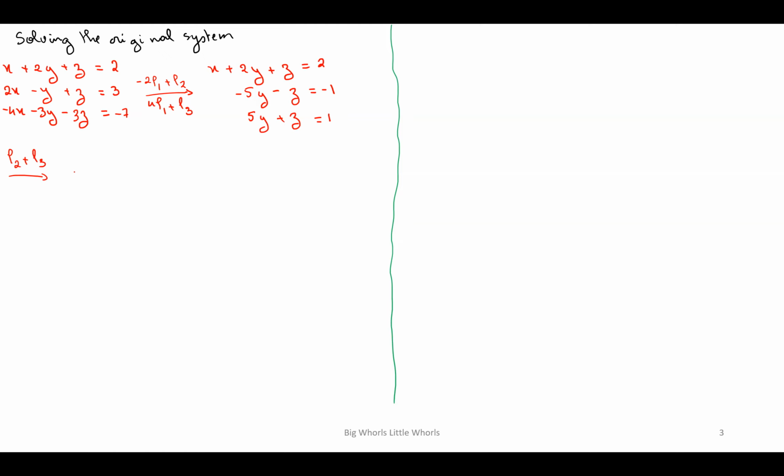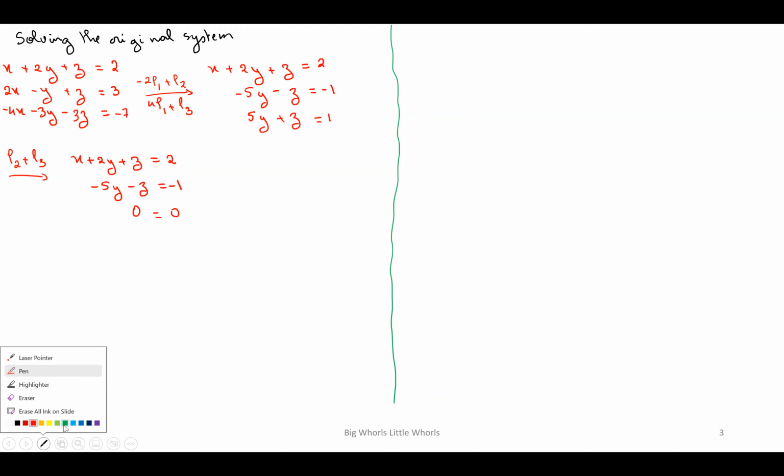This will give me x plus 2y plus z equals 2, and minus 5y minus z equals minus 1, and here we add rho 2 to rho 3, so that's 0, that's 0, so we have 0 equals 0. Okay, I won't tell you yet what this means.